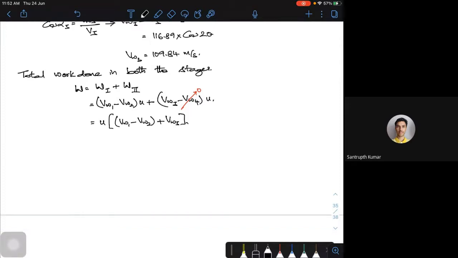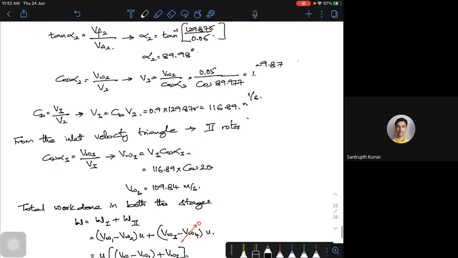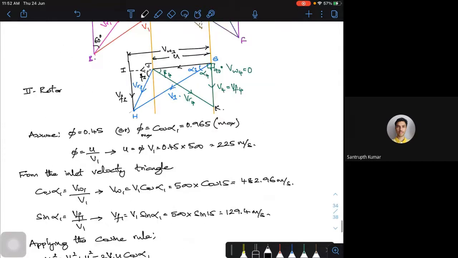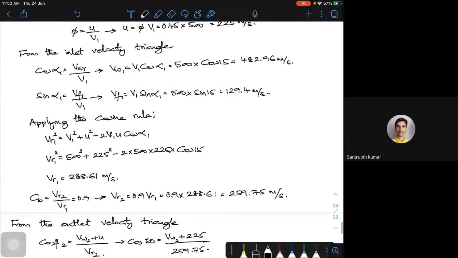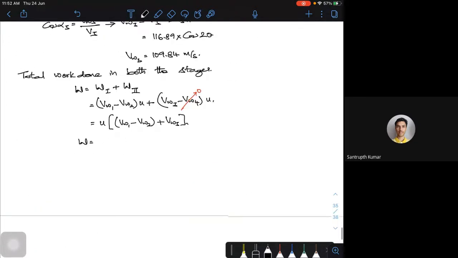Now let's substitute all the things. What is your U? U value is 225 and VW1 is 489.26. So 489.26 minus 0.05 plus 109.84.